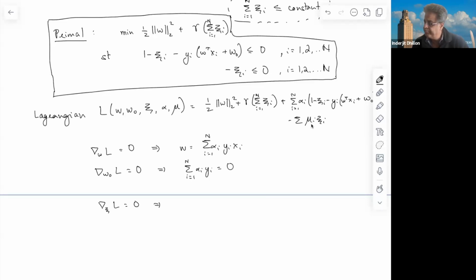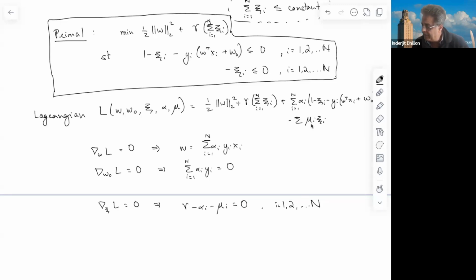Remember, I'm taking the gradient with respect to each psi i, so I get gamma minus alpha i minus mu i equals 0, for i equals 1 to n.